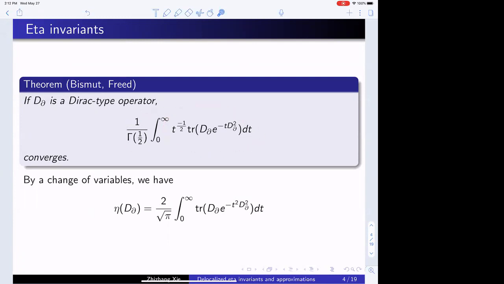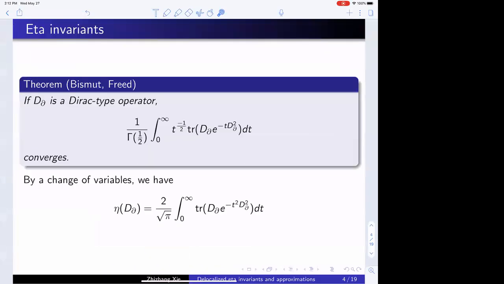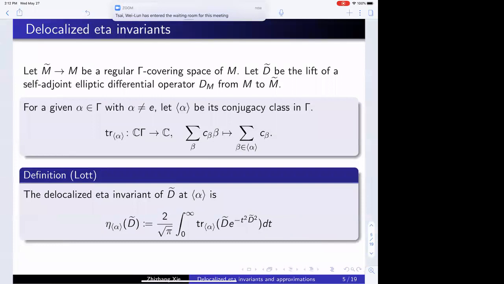It's actually absolutely convergent, but there's work to do. It's the same thing here. When I write down this formula, so far I have not made sense of it in this generality. To say this integral actually makes sense, there are some conditions to be imposed.